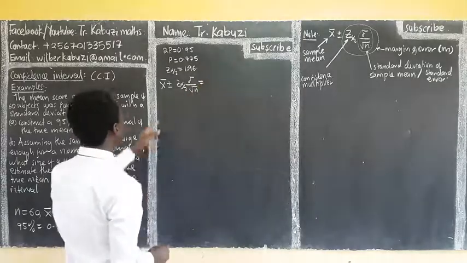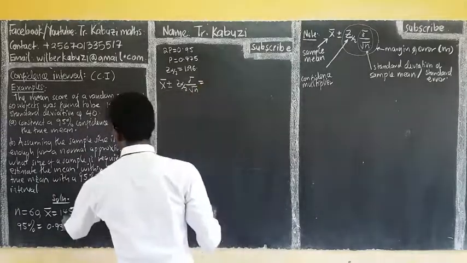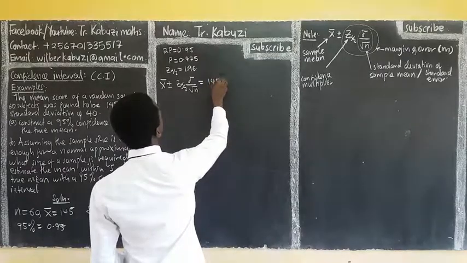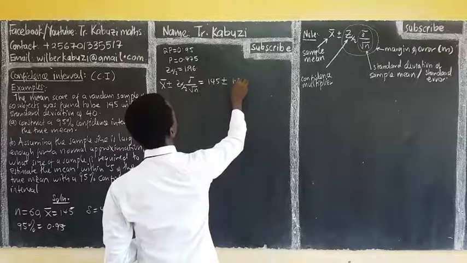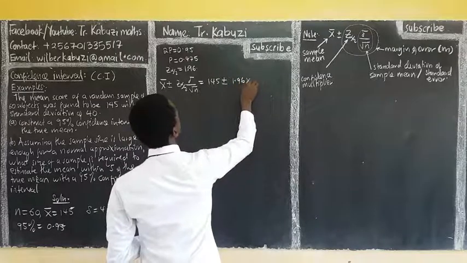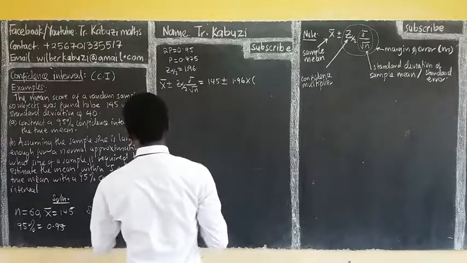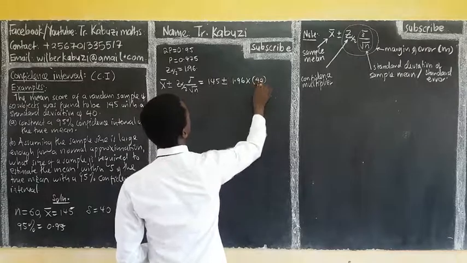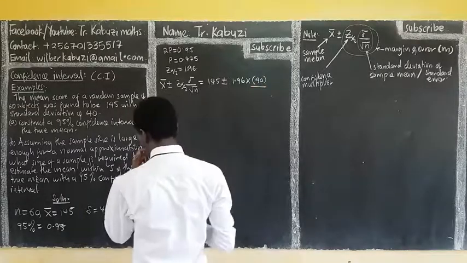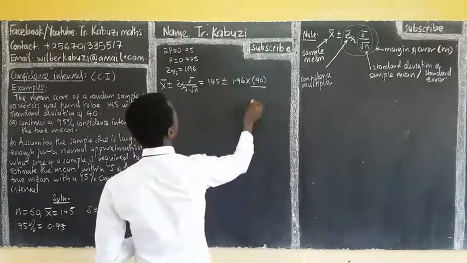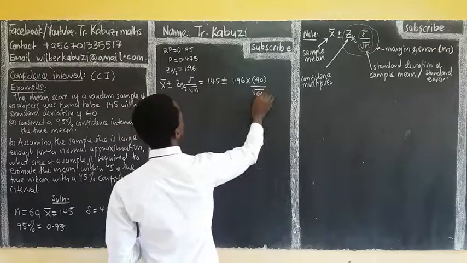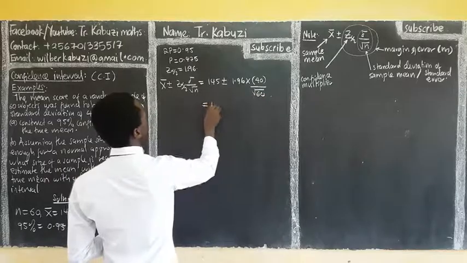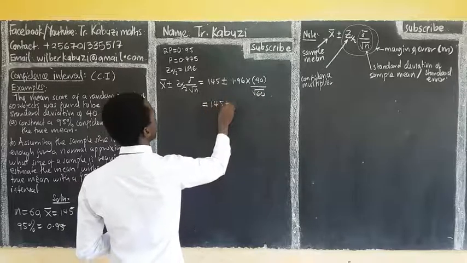Substitute our x bar, 145, plus or minus 1.96 times our standard deviation, which is big, 40, all over root of n. Our n was 60.